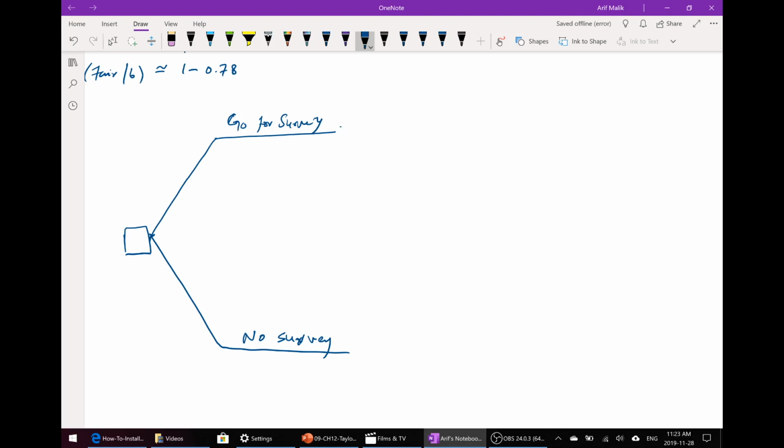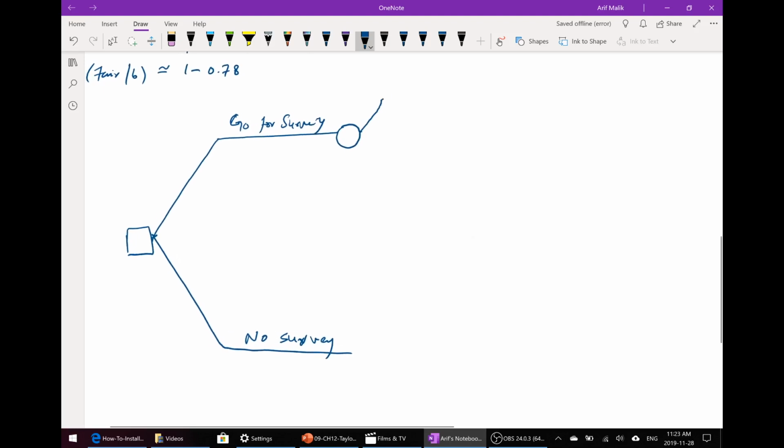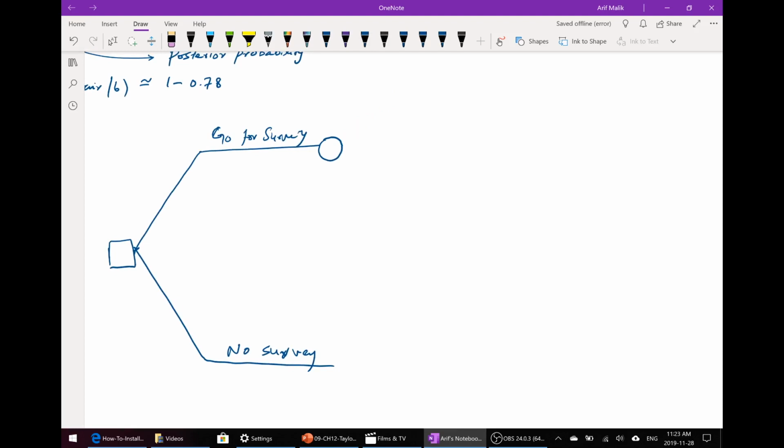Then we said that we have two states of nature. One is that the report is positive, and here we have, let's say, a negative report.